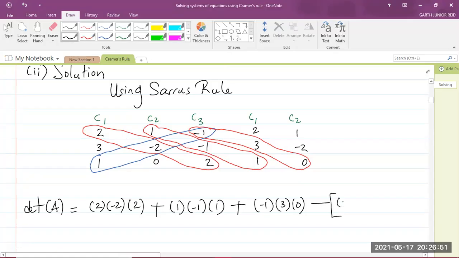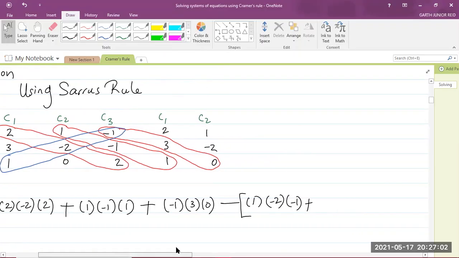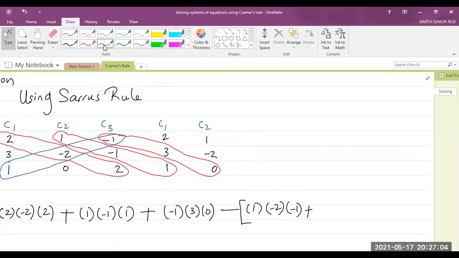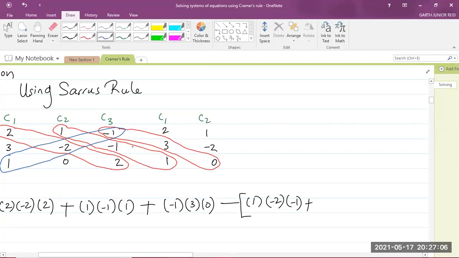So that's going to be 1 multiplied by negative 2 multiplied by negative 1, plus the other diagonal, which is going to be 0, negative 1, and positive 2.